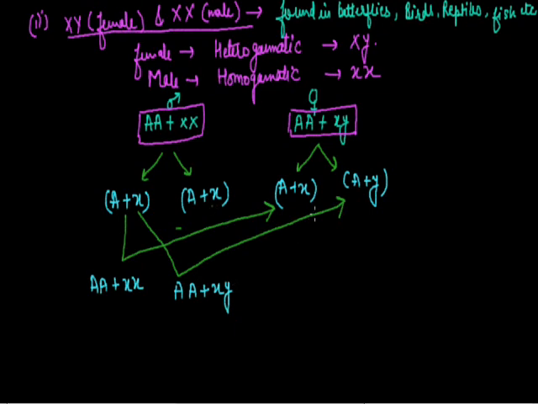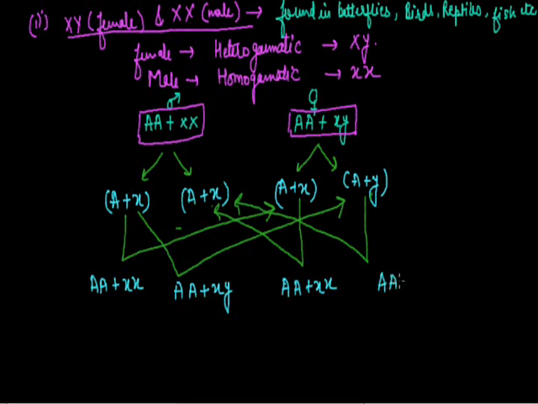This other sperm of the male can fuse with the ovum A plus X, or it can also fuse with another ovum that contains a Y chromosome. Then the product will be again AA plus XX for the first fusion and AA plus XY for the next one.